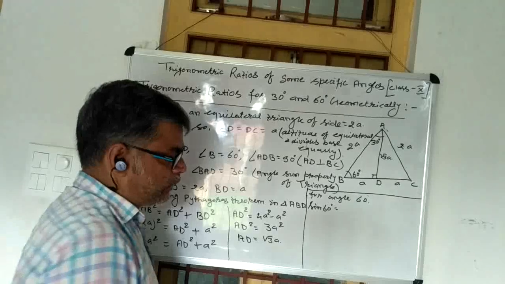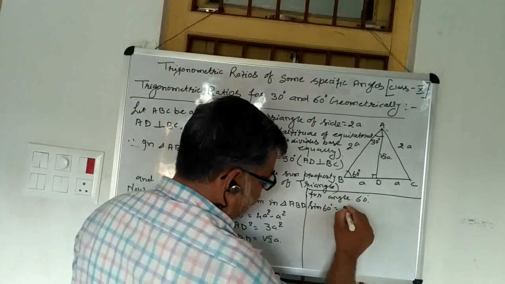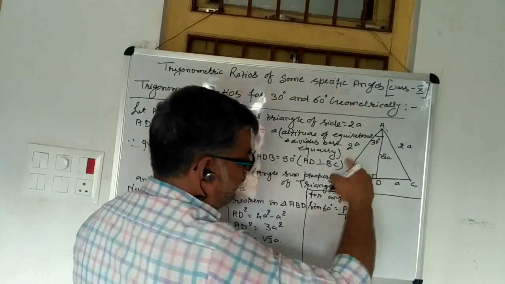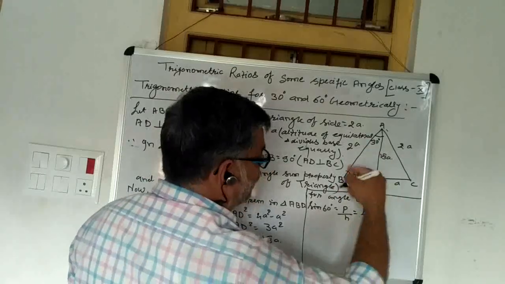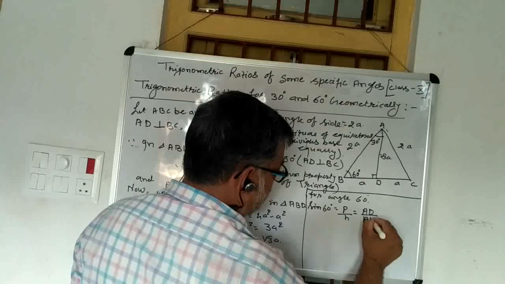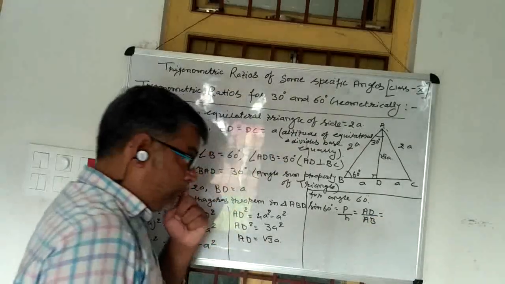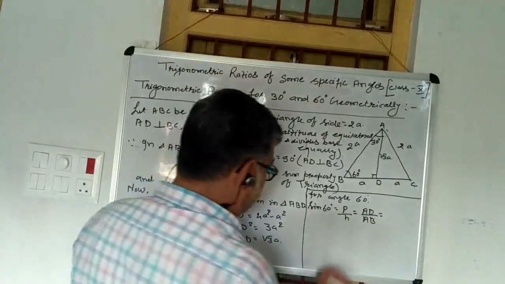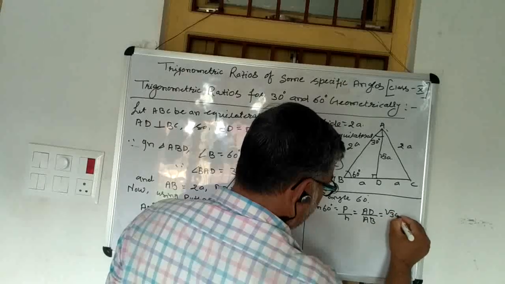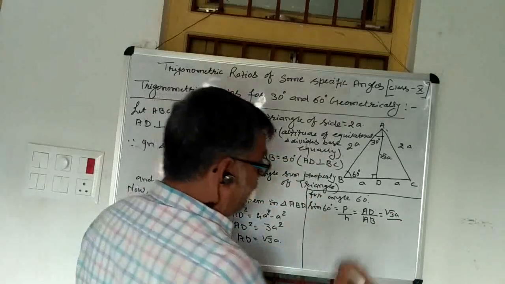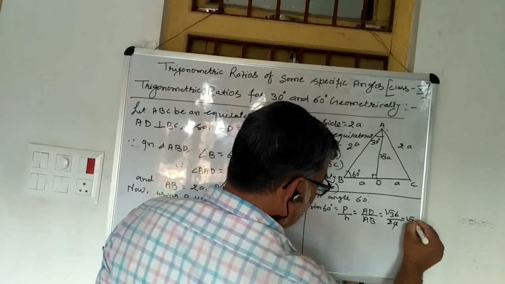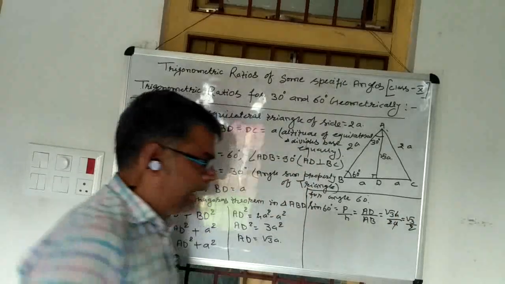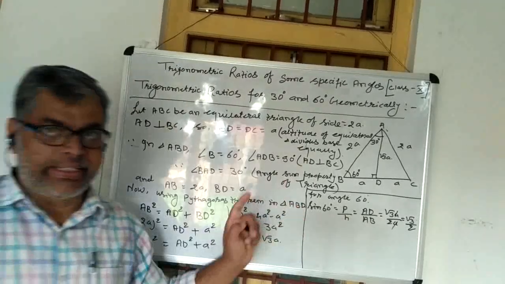As we know that the ratio of sine is P by H, and here the perpendicular is AD and the hypotenuse is AB. And AD is how much? AD is root 3 a by AB, which is 2a. The a will get cancelled. So we have root 3 by 2. That is the value of sine 60 degree.